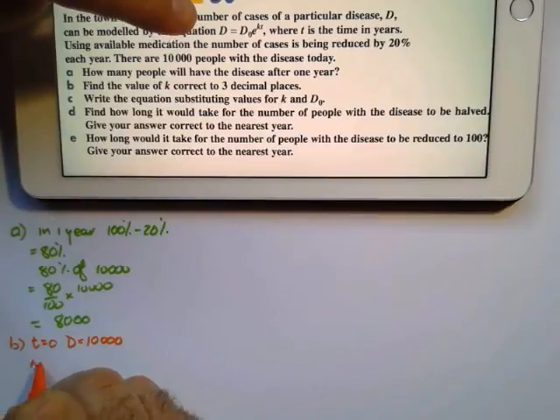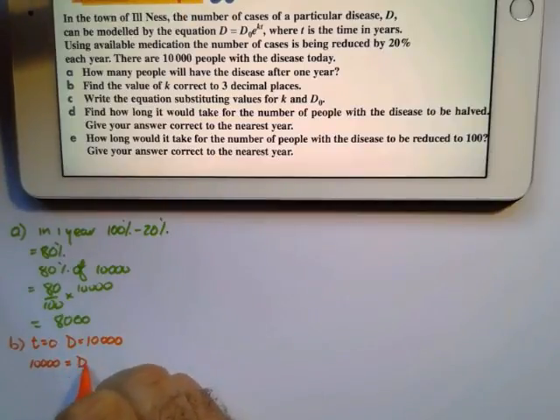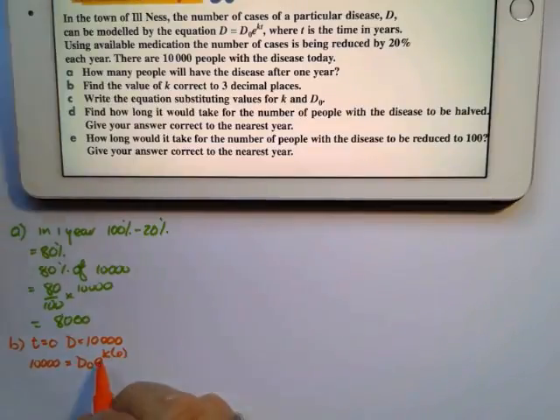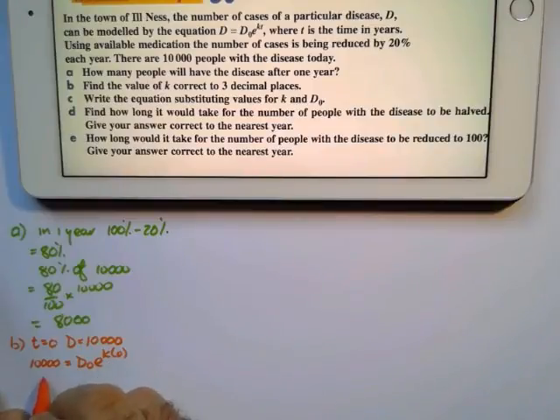We'll have 10,000 equals D0 e to the power k, we don't know what k is, but t is 0. k times 0 is 0, and anything to the power 0 is 1, so e to the power 0 is 1, so D0 equals 10,000.